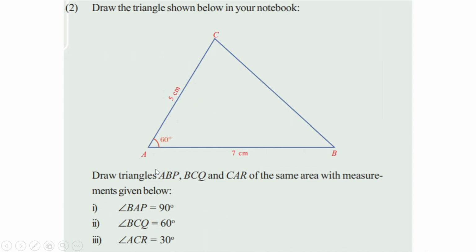Second problem. Draw the triangle shown below in your notebook. Draw triangles ABP, BCQ and CAR of the same area with measurements given below. Angle BAP equal to 90 degrees, angle BCQ equal to 60 degrees, angle ACR equal to 30 degrees.